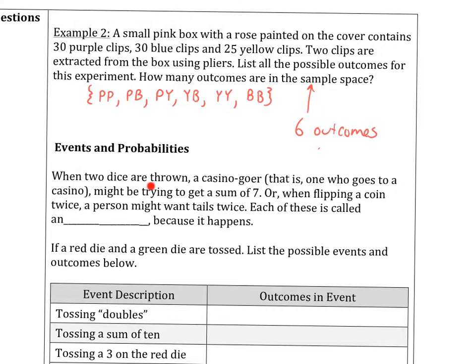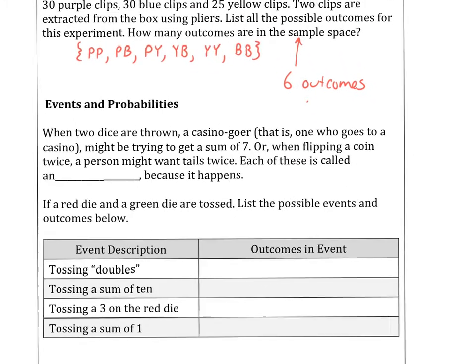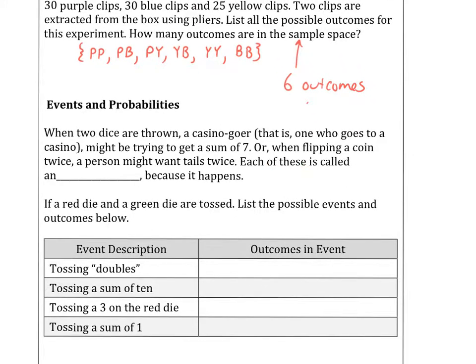When 2 dice are thrown, a casino goer, that is, one who goes to a casino, might be trying to get a sum of 7, because that's a big deal when people are throwing dice. Or when they're flipping a coin twice, a person might want tails twice for whatever reason. So each of these is called an event because it happens.